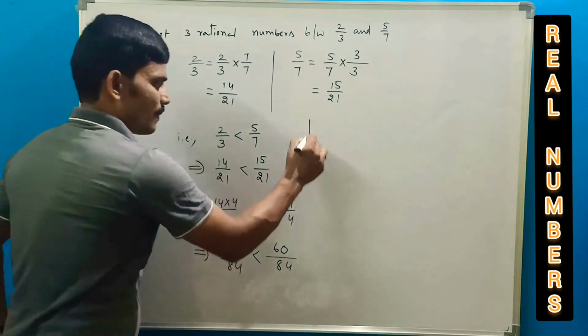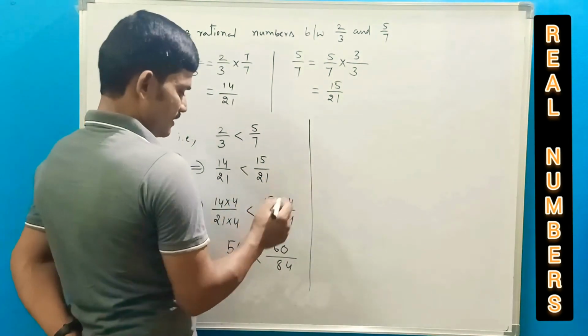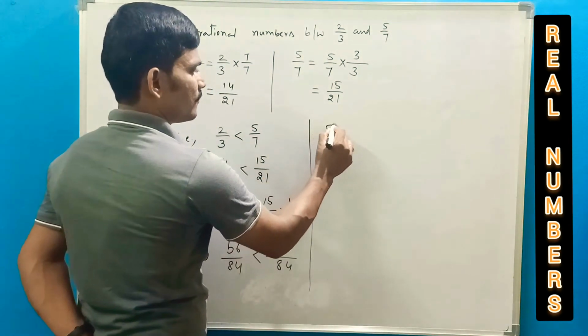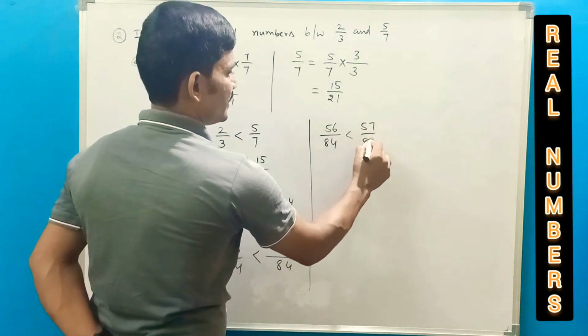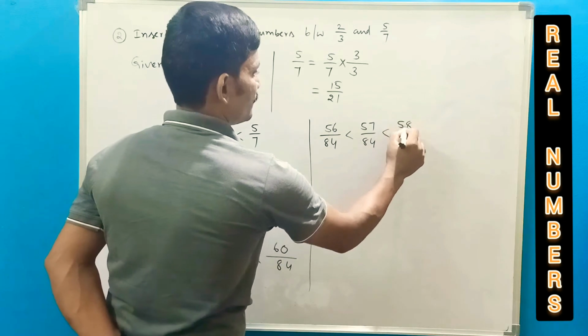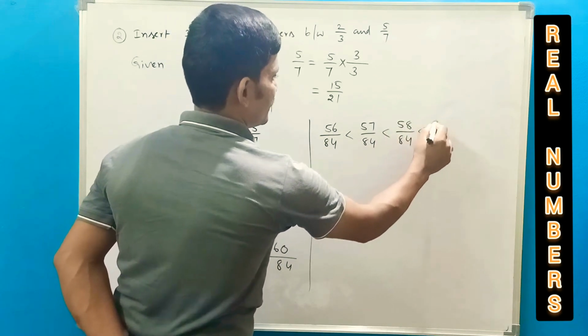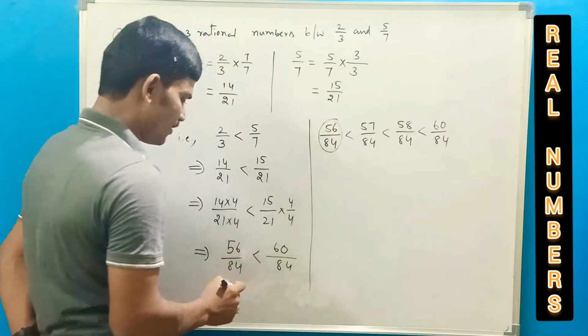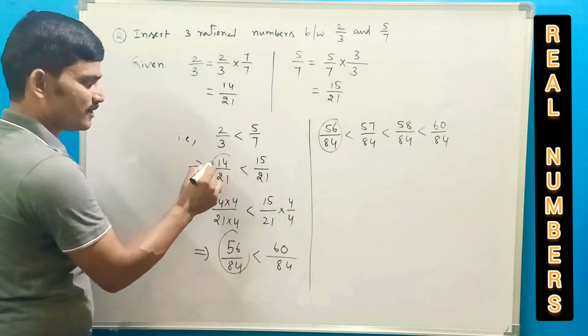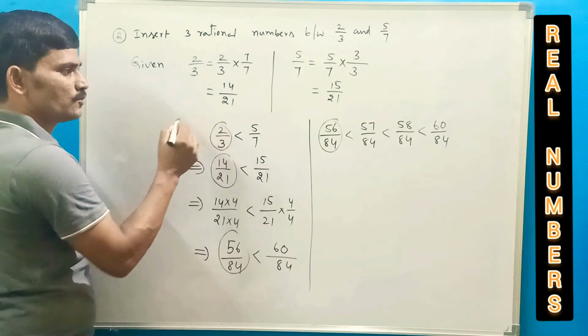So you can enlarge this inequality as 56 by 84 is less than 57 by 84 is again less than 58 by 84 is again less than 60 by 84. 56 by 84 means 14 by 21. 14 by 21 means 2 by 3.